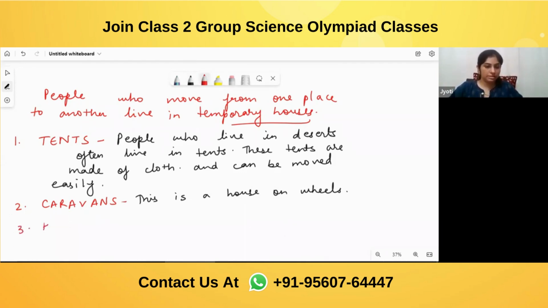Third category is houseboats. The people live in the houses near the bank of a river or lake.